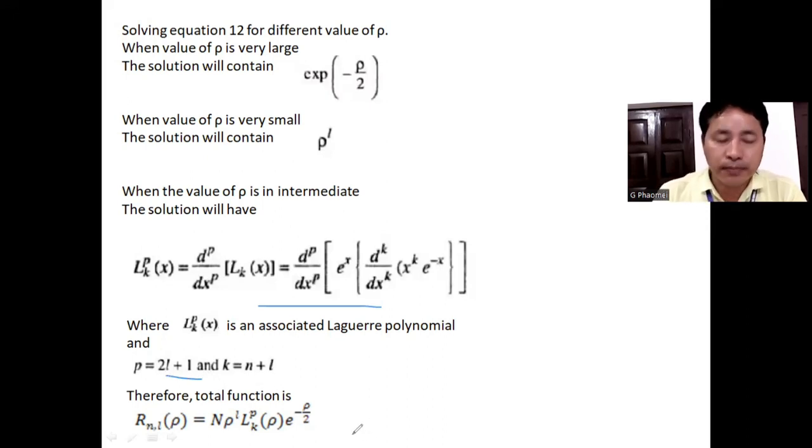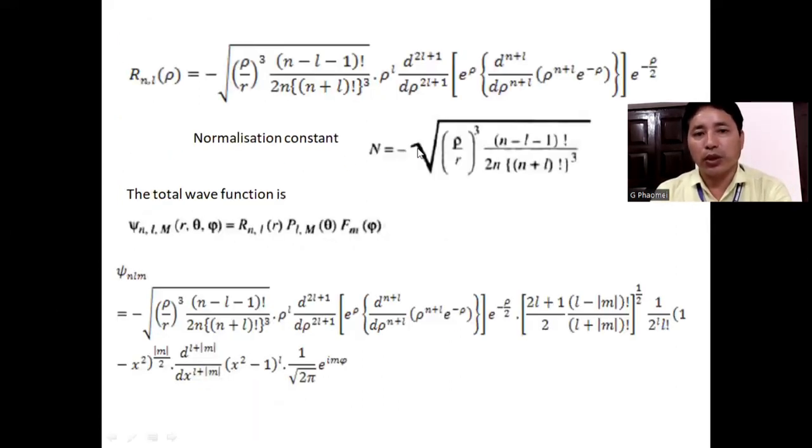Therefore, now we divided the Schrodinger equation into three parts, and if it is three parts, we'll have three solutions, and we'll have three normalization constants, because for each wave function we need to normalize it. So from the first equation we have one wave function, and from the second equation we have another.